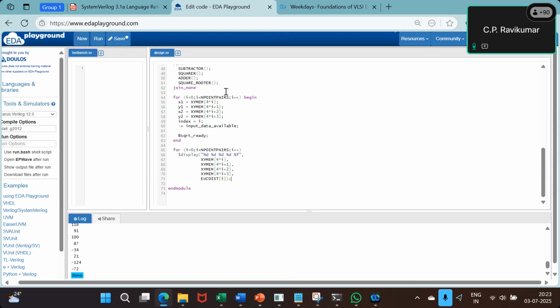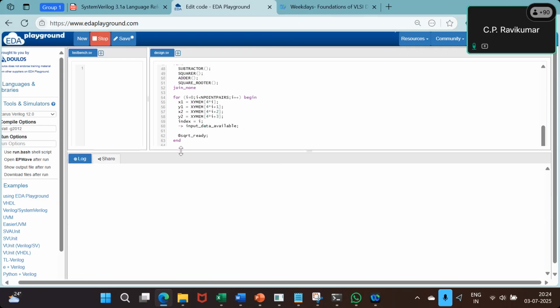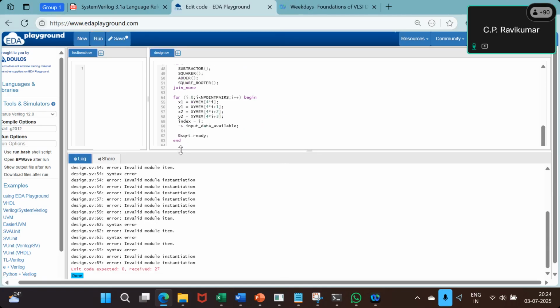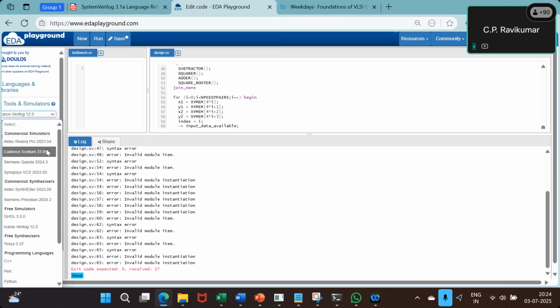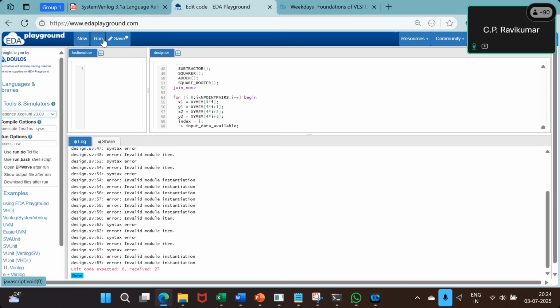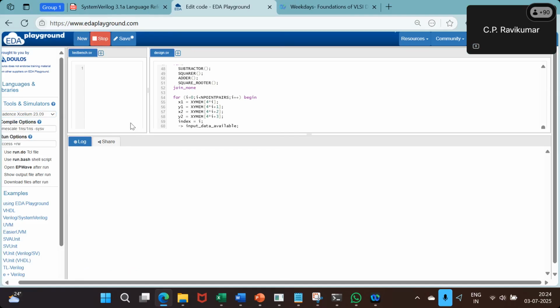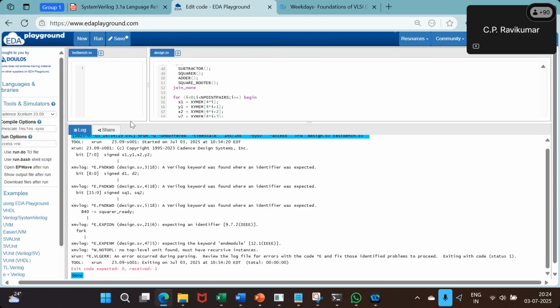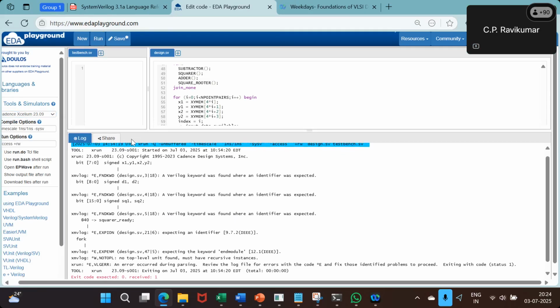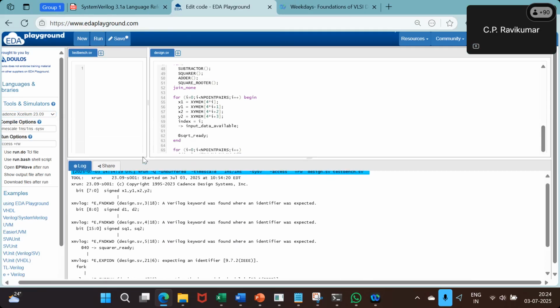So now let us try it out. Okay, I want to first try it in Cadence. I don't know whether this will work or not. Is it signed or something? I don't know.